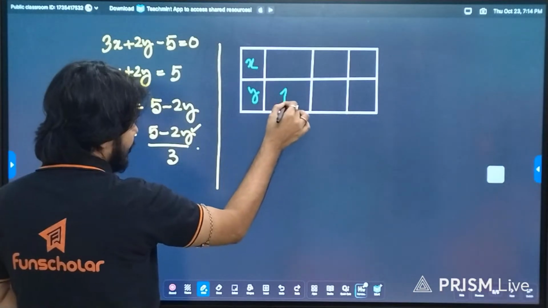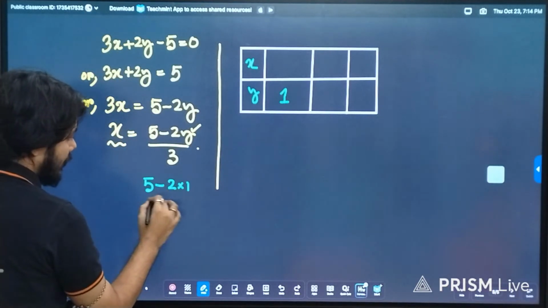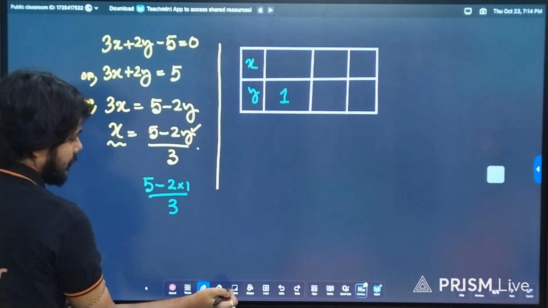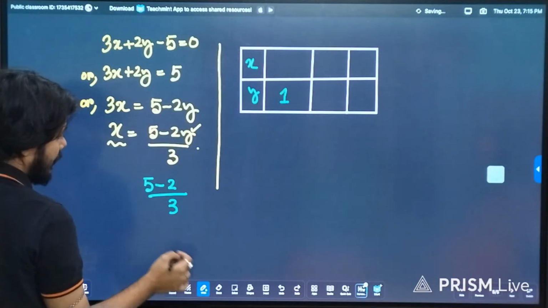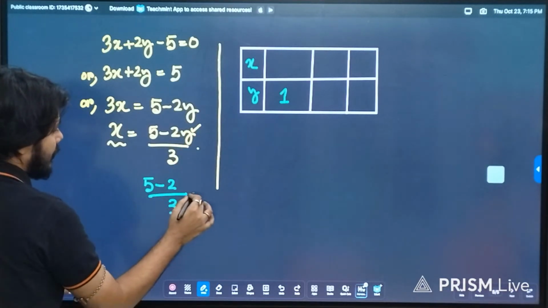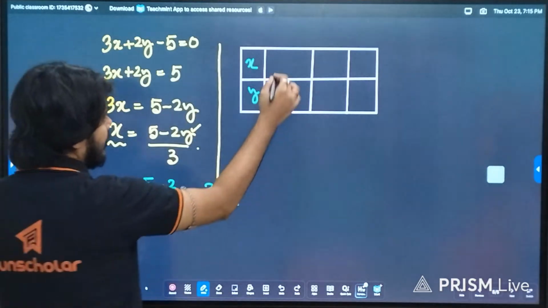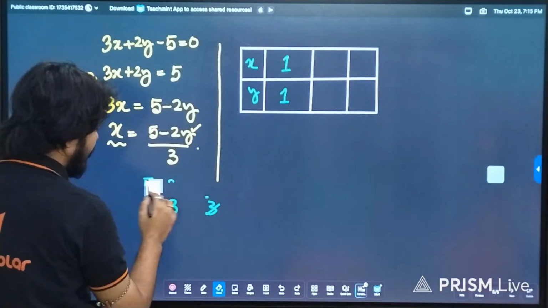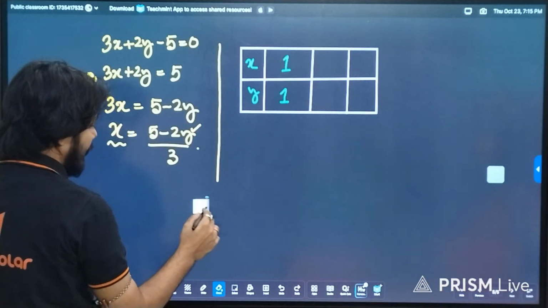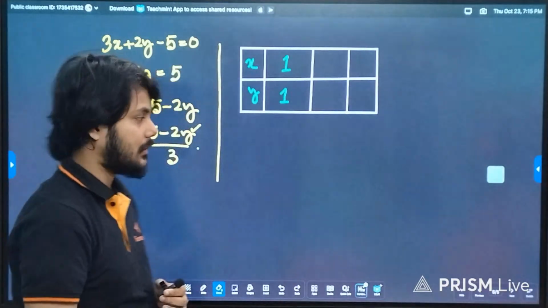If you take y as 1, then (5 minus 2 into 1) by 3. 2 into 1 is 2. 5 minus 2 is 3. 3 by 3 will be 1. So if you put the value of y as 1, you will get x equal to 1.